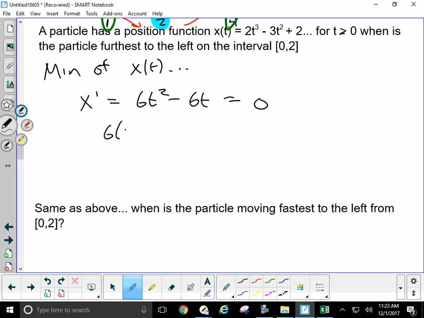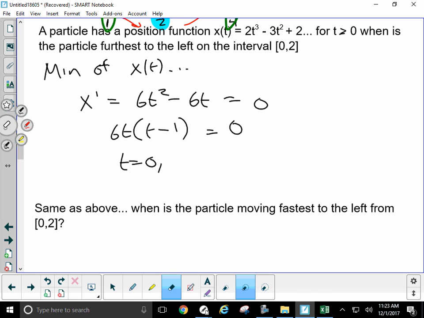I'm going to factor to solve. And I get some candidates. 0 and 1, both of them are in my interval, and I'm also going to look at 2. Now, if I wanted to do a lot of arithmetic, I would do my candidates test.